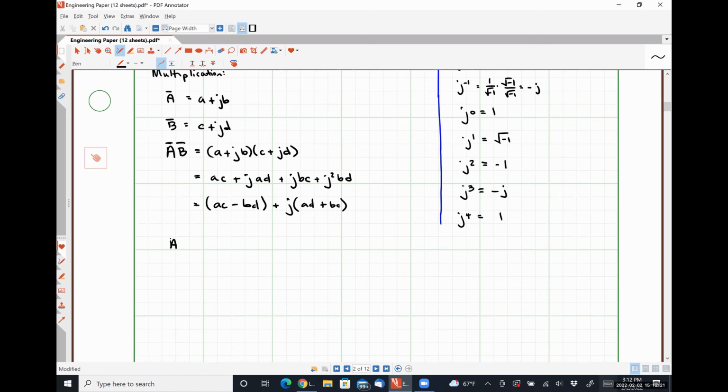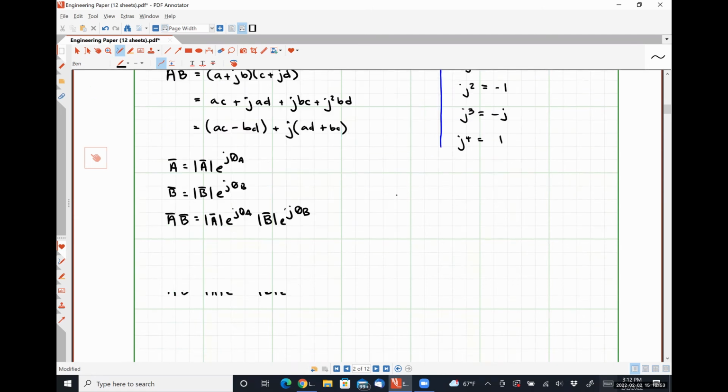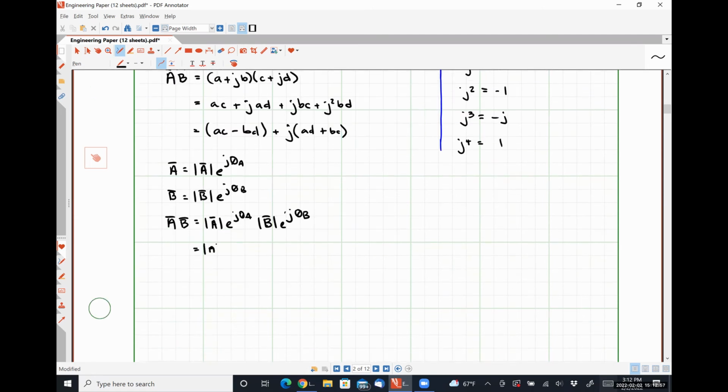So if we have A is equal to the magnitude of A e to the j theta A, and B expressed as the magnitude of B e to the j theta B, then A multiplied by B just looks like the magnitude of A e to the j theta A times the magnitude of B e to the j theta B, or the magnitude of A multiplied by the magnitude of B times e to the j theta A plus theta B.